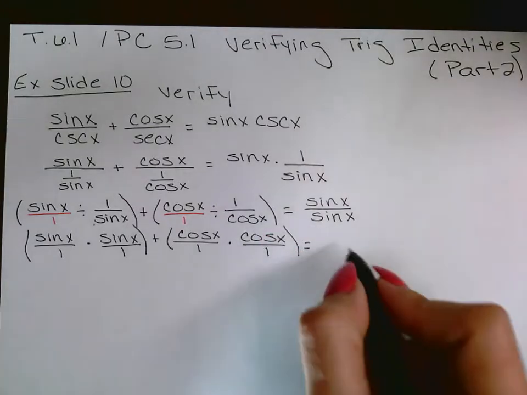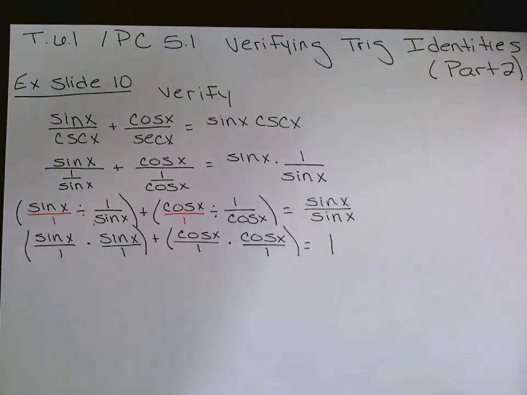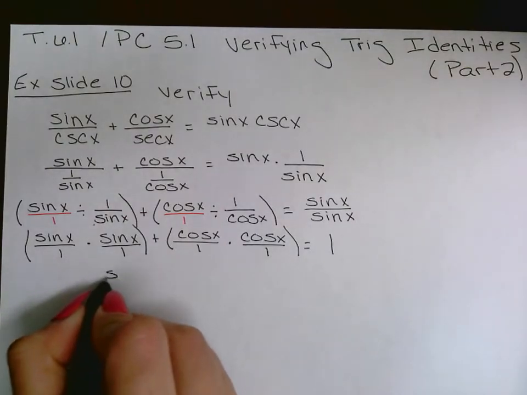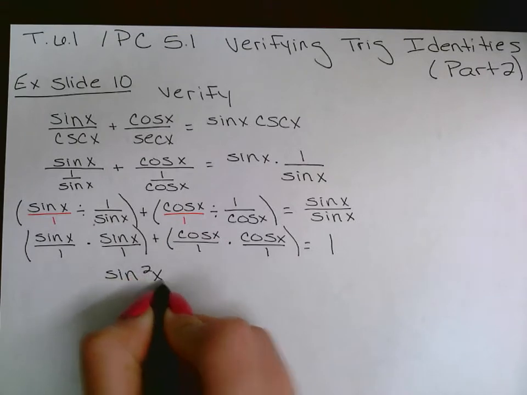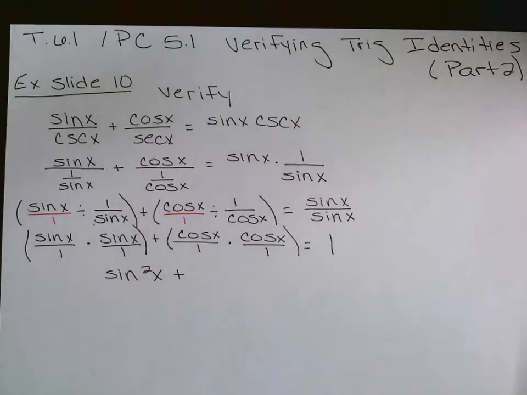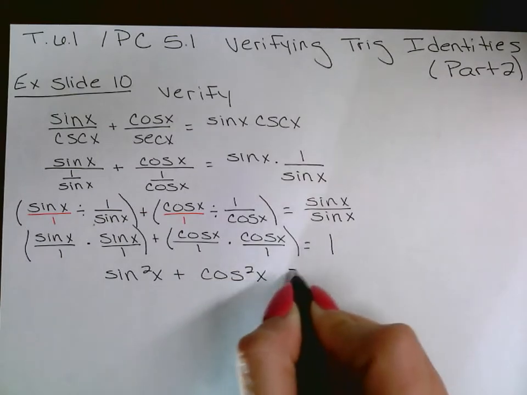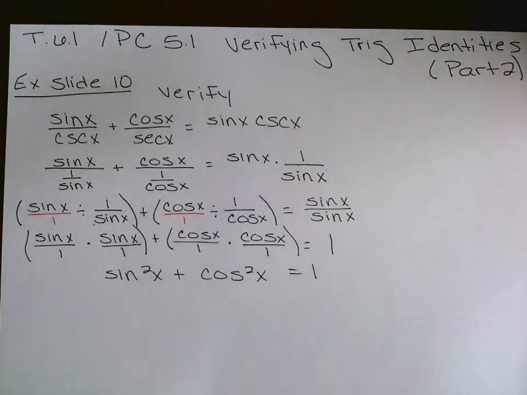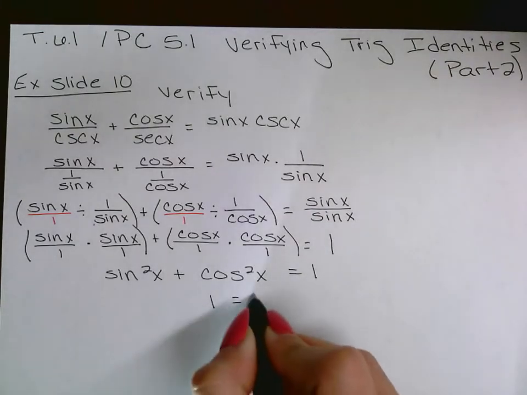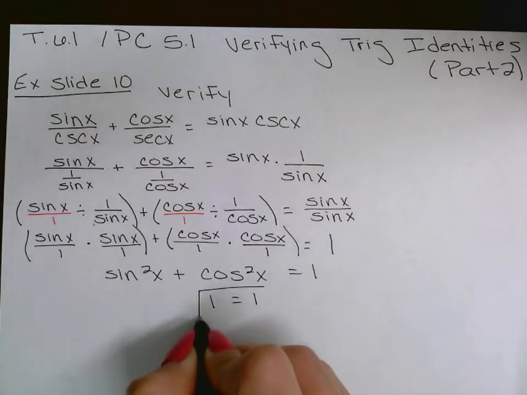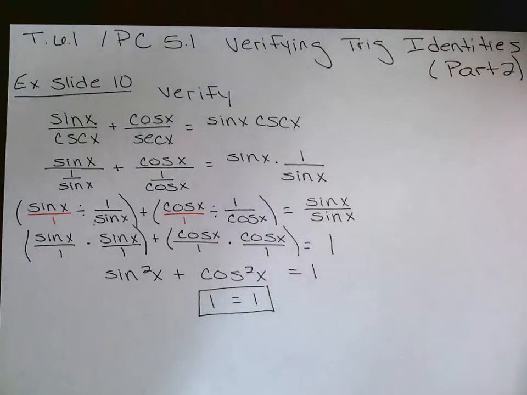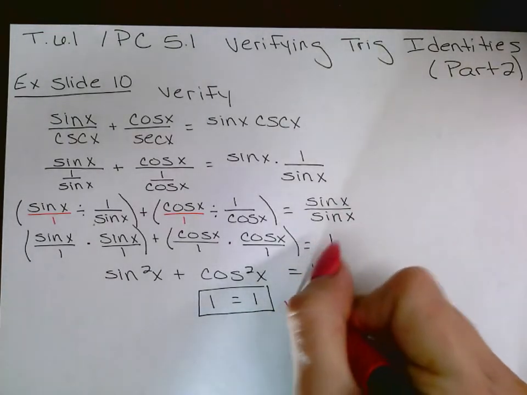And we said that this right side is going to equal 1. Now, what does sine times sine give me? Sine squared, plus, what does cosine times cosine give me? Cosine squared. And this right side still equals 1. What does sine squared plus cosine squared equal? 1. Once I have the left and the right saying the exact same thing, I am done. Okay?